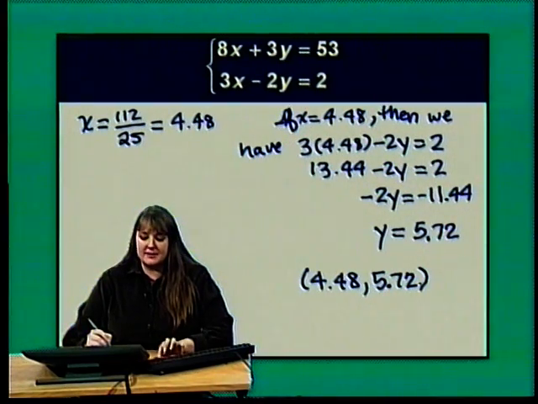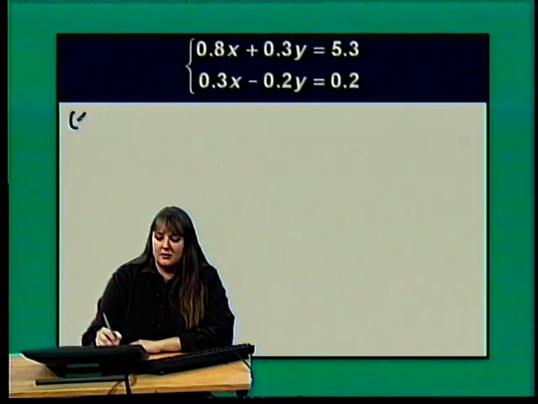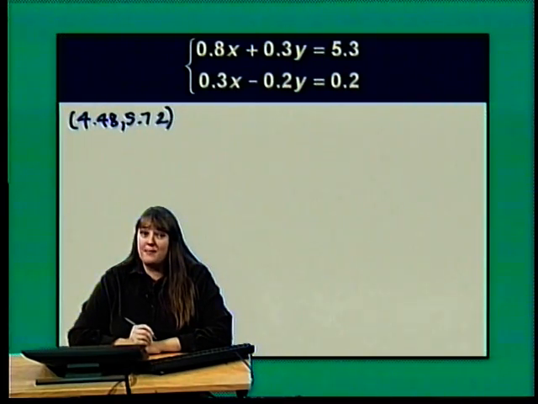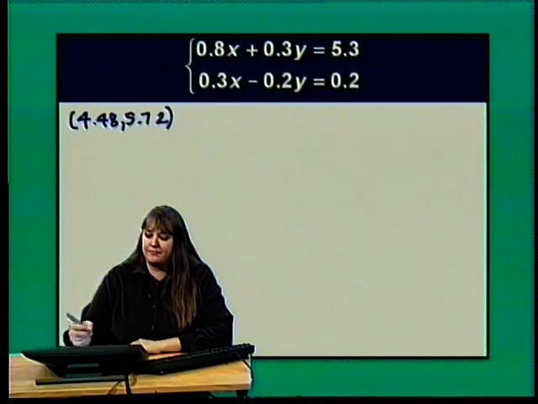But I need to check this. Notice that I'm back to the original system of equations, the system of equations that had decimals. Whenever you're checking your answers to systems of equations, you want to check with the original equations in the system. You might have made some arithmetic errors when you did some conversions.